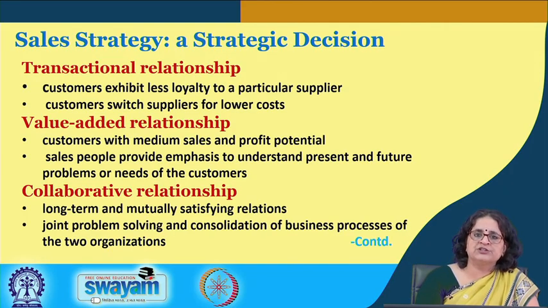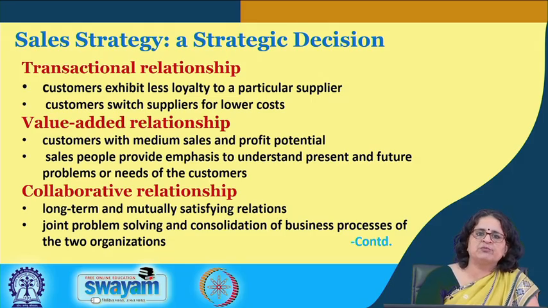On the other hand, the seller or the supplier also likes this kind of relationship, because one, it is long term. Two, instead of having many small fishes, he has a few big ones with bigger sales and bigger profit potentials. So he also prefers having such big customers or such big clients.